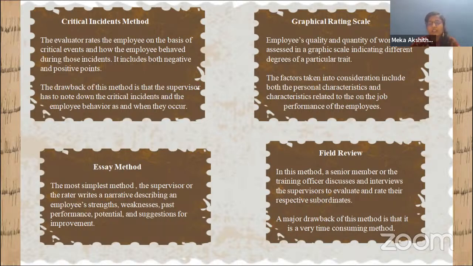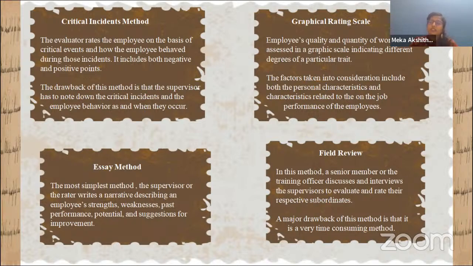Then comes the field review. In a field review, there would be HR or another senior member of the organization who calls the supervisor, the manager, or the one who observes the employees very closely.